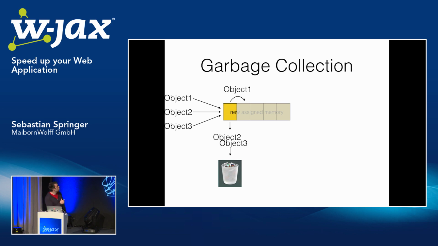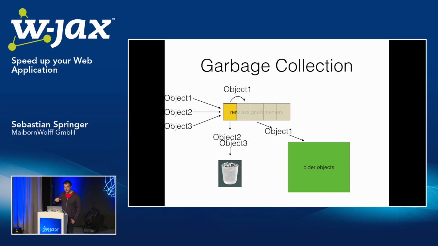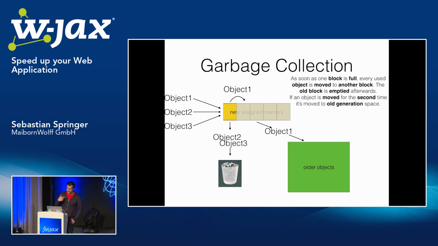As soon as you move an object for the second time, the object is transferred into the green section in the old generation, and then another algorithm is used. In the green section, it's not that fragmented, but all the objects that are used are marked, and all objects that are not used are swept away. So this is called the mark and sweep algorithm, and this takes longer than the algorithm of the yellow portion.